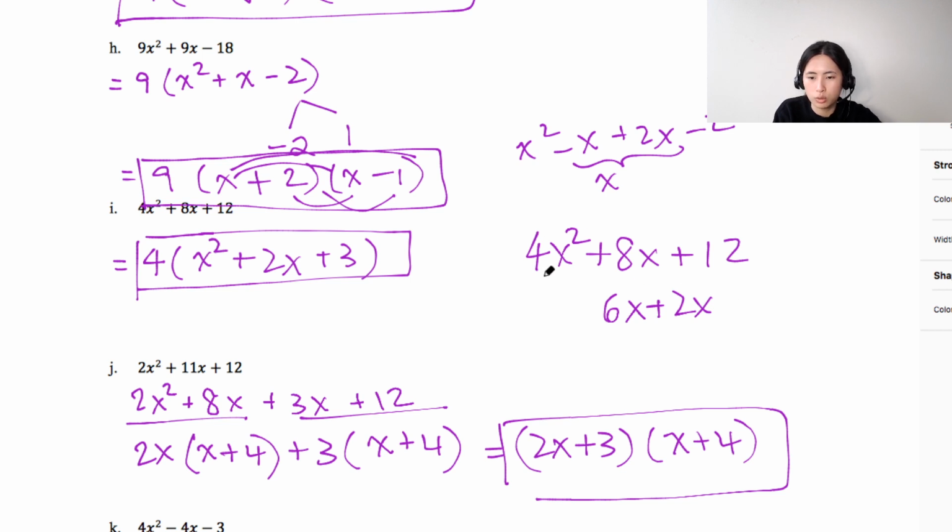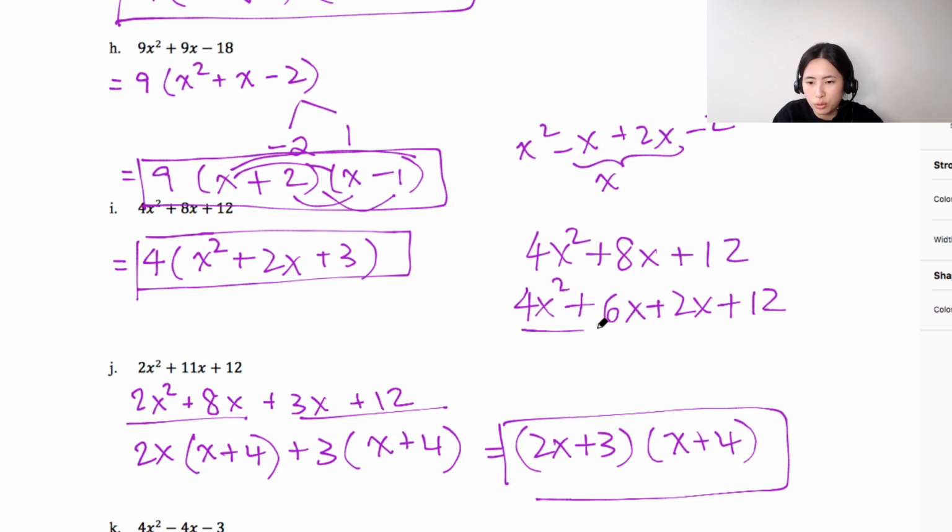Let's see, if we try to group 4x squared, let's say we're grouping this and this. Yeah, it's not going to work, if you guys can see this. Let me write this down. You have 8x, so that would be 6x plus 2x, and then, as I mentioned, you have plus 12, and this being 4x squared.